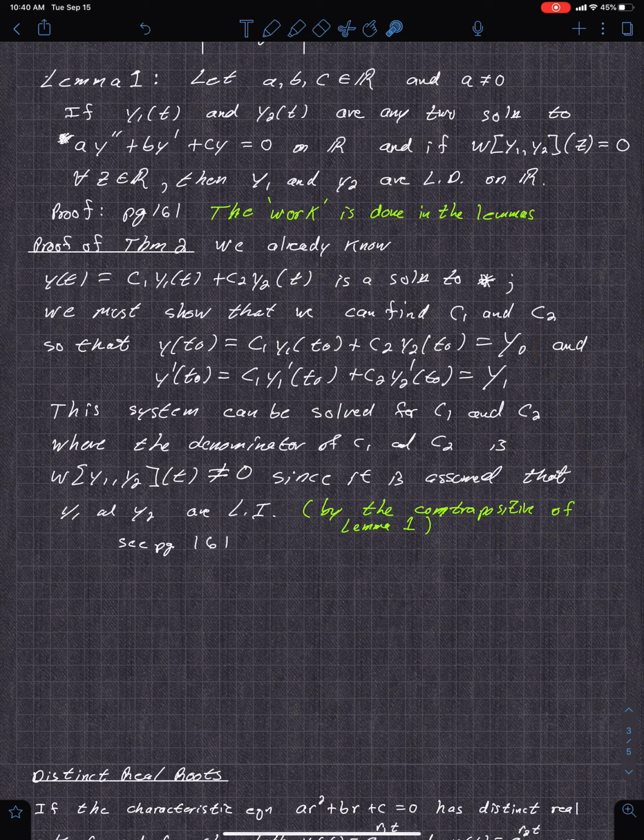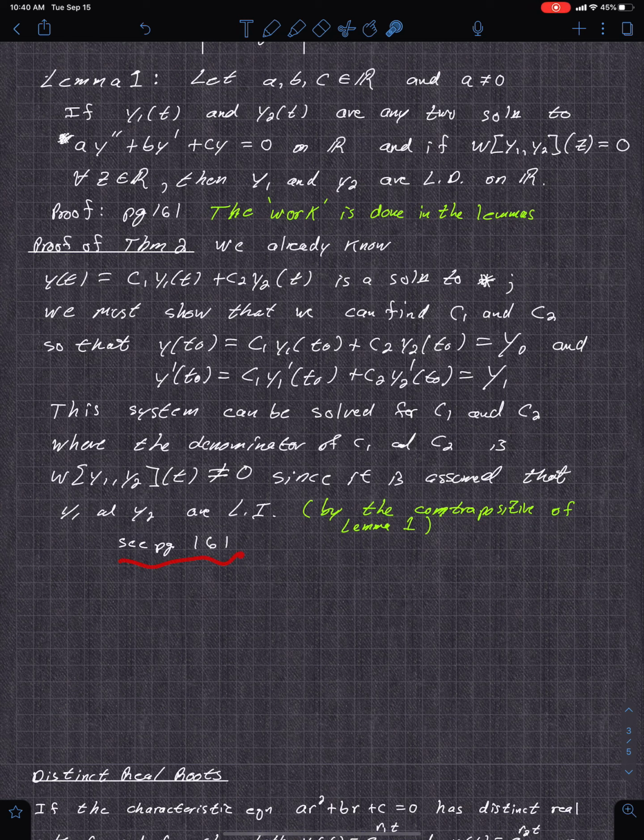So essentially you have a solution, you substitute in, and you can solve this system because it's just a linear system. Basically you're using Cramer's rule, or you're just solving it. You get C1 and C2.